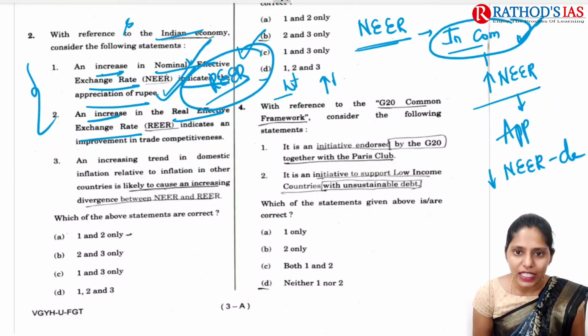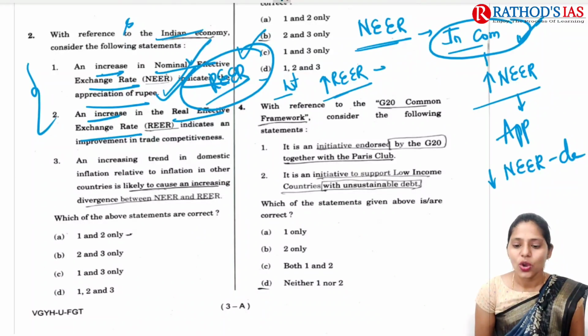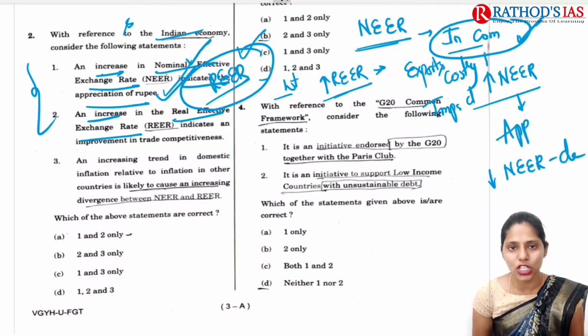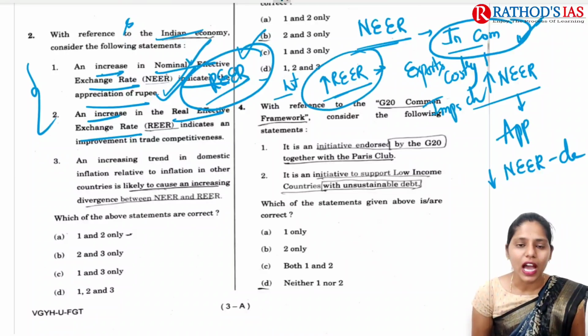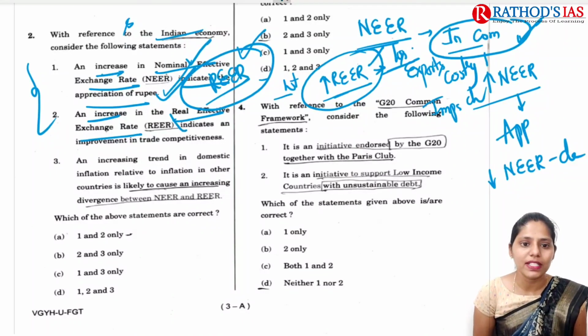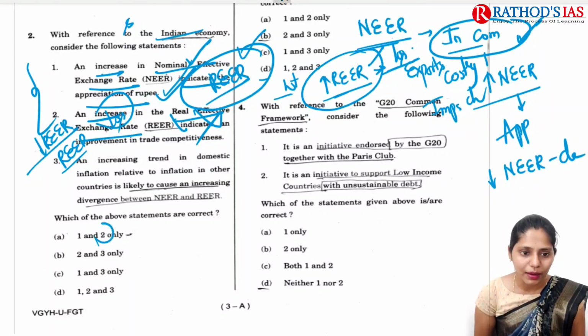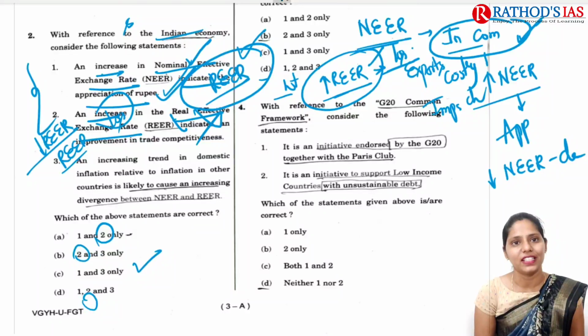Whenever REER increases, the exports of that country become costly and imports become cheaper, so we lose trade competitiveness. So this statement is absolutely opposite. Whenever REER increases we are losing, and whenever REER decreases we are improving. So we can eliminate this statement. If we eliminate the second statement, the answer will be 1 and 3 only.